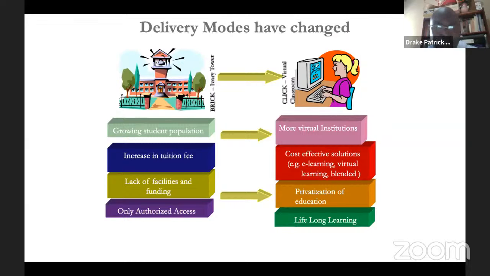We need virtual institutions. Tuition fees. The economies are not growing as fast as they desire. To have an opportunity to deliver quality education at optimal cost. So the facilities, also education, all these are creating opportunities for application of technology in learning.